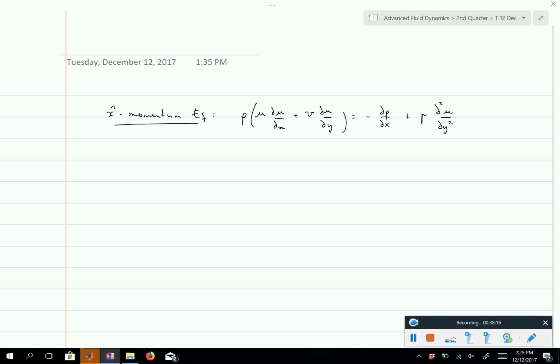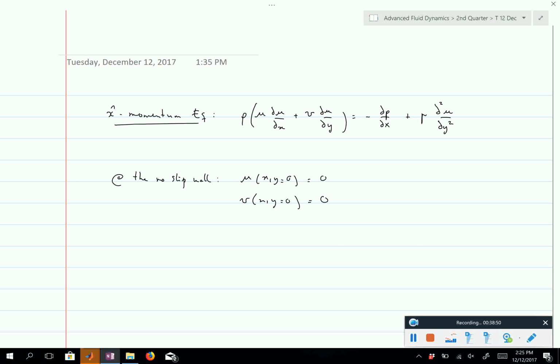So at the no-slip wall, I have a no-slip condition, so u at x and y equals 0 is equal to 0, and v at x and y equals 0 is also equal to 0. It's very rare that I will do that, but here I'm writing the PDE at a particular point.